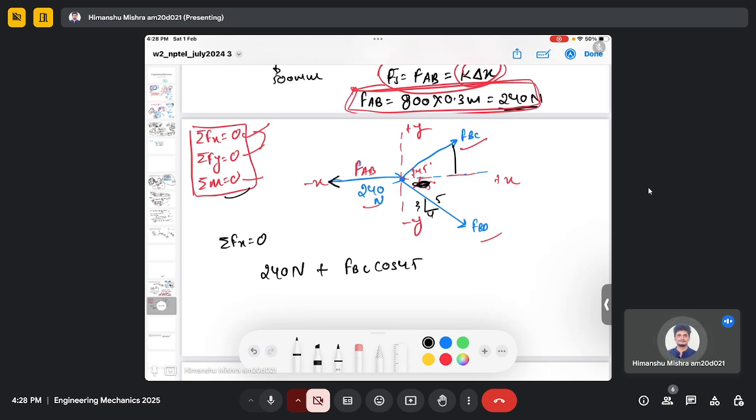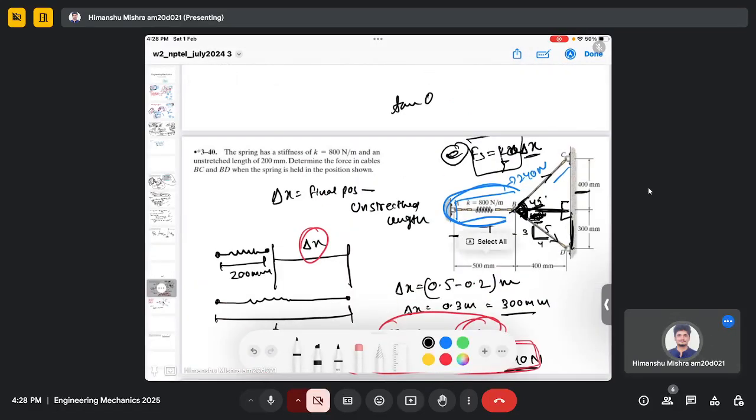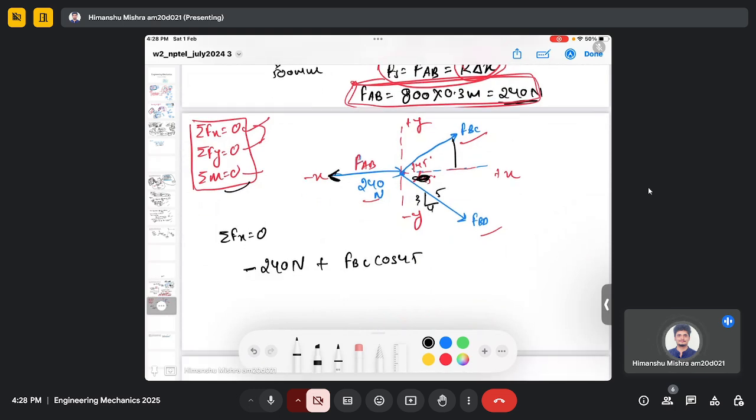Sorry, the direction here should be towards the minus x-axis, because you can see the spring is stretched, so there will be a force toward point A, not toward point B, so this should be negative. And this force FBD will have the horizontal component, which is 4 by 5 here by triangle law, positive here. And this equals 0.